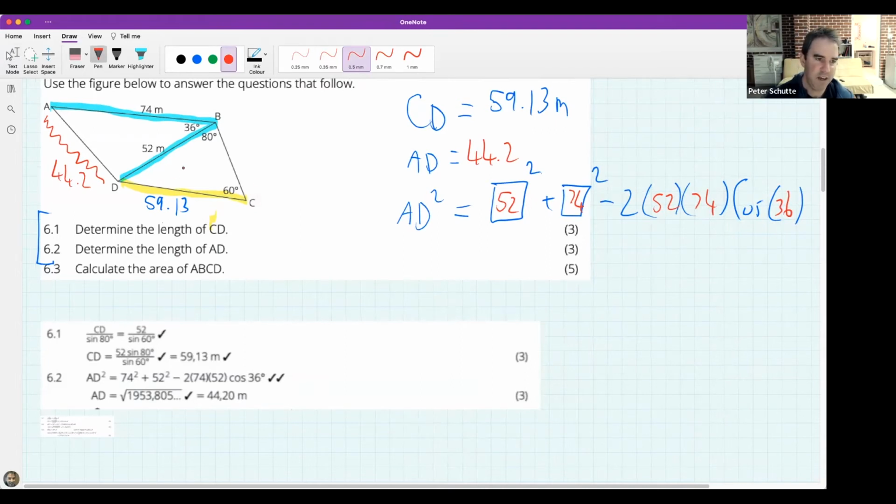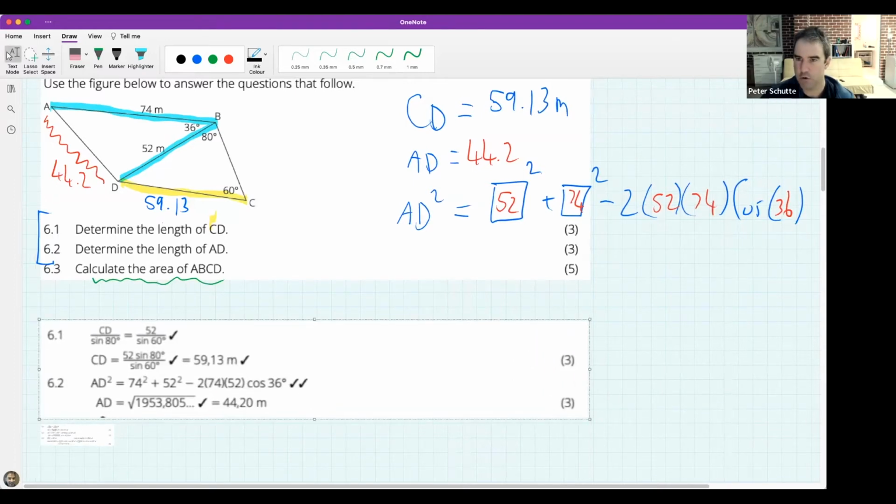And to find the area of ABCD, you're going to find the area of two triangles. But there's one key bit of information we need to figure out, and we haven't figured it out yet. What's the one missing piece of information we need in order to do 6.3? I want to see it in the chat. Oh, I'd love to hear your voice.